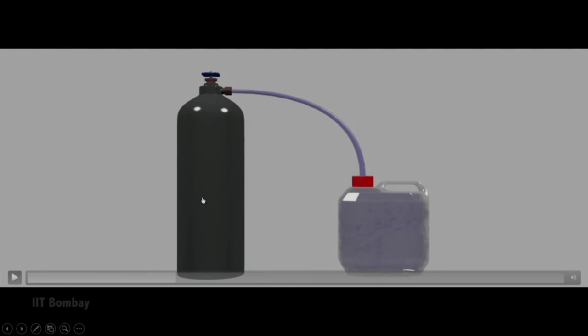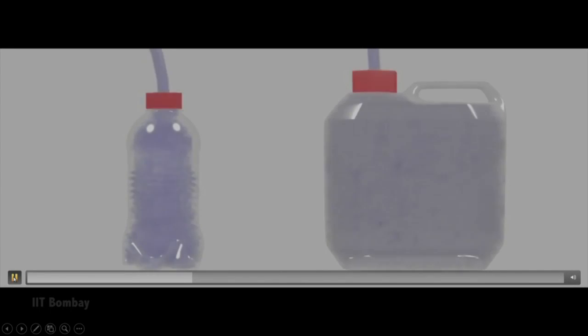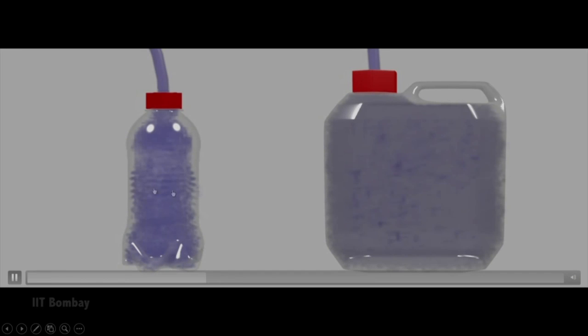I am doing the same exercise here, but the container's volume has changed, but you can see that gas occupies the entire volume again, irrespective of the fact that the volumes and shapes of the containers have changed. This is where you can compare both the volumes.